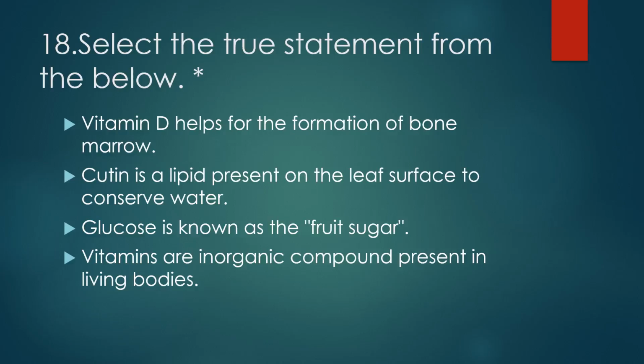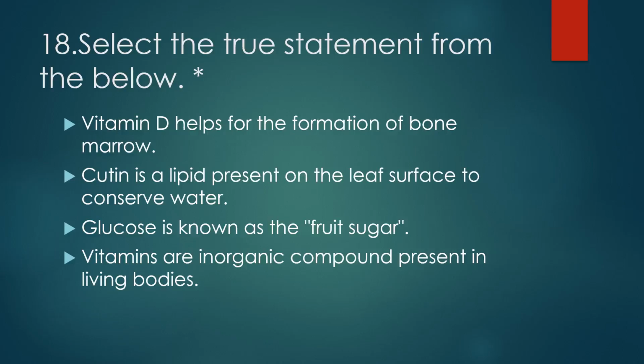Select the true statements from the below. Vitamin D helps for the formation of bone marrows. Cutin is a lipid present in the leaf surface to conserve water. Glucose is known as the fruit sugar. Vitamins are inorganic compounds present in living bodies.